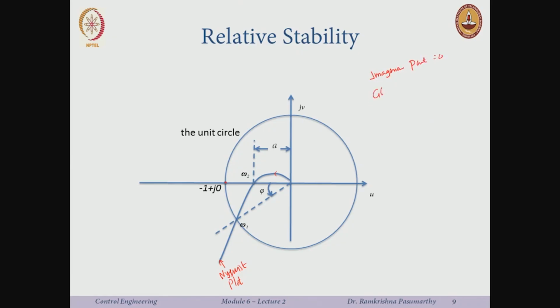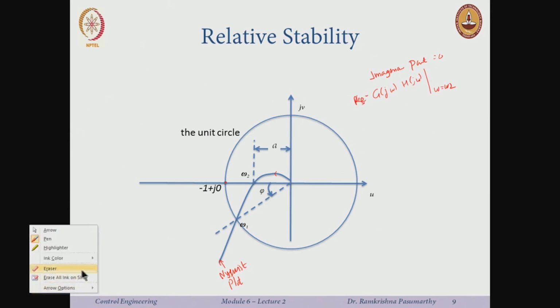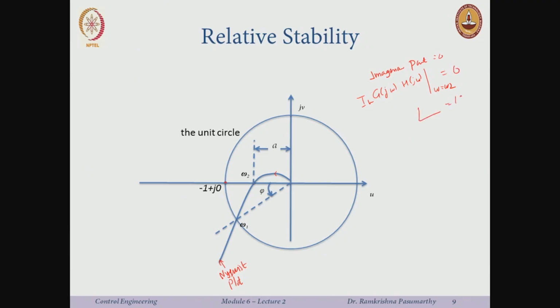So, let me call say G(j omega) H(j omega) at omega equal to omega 2, the imaginary part of this goes to 0, or in other words, you can say that the angle would be 180 or minus 180 degrees. Okay. So, this is a thing here, right, at omega 2.